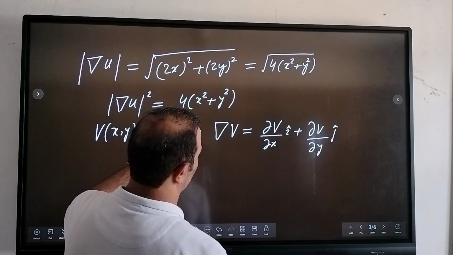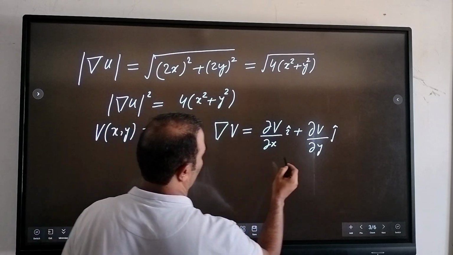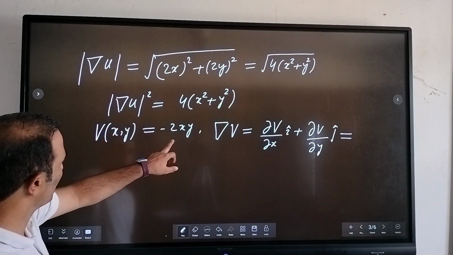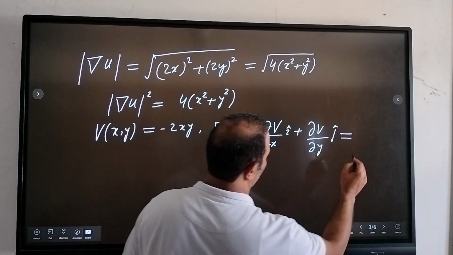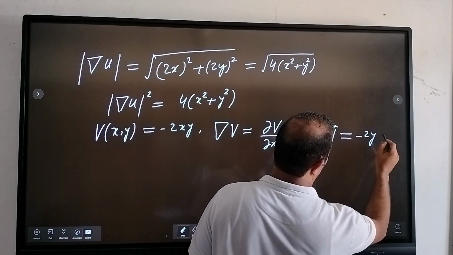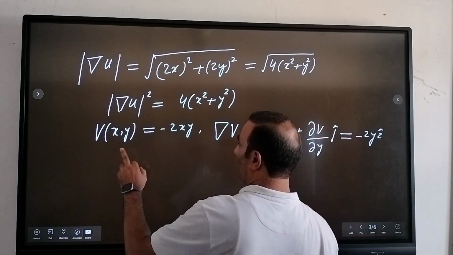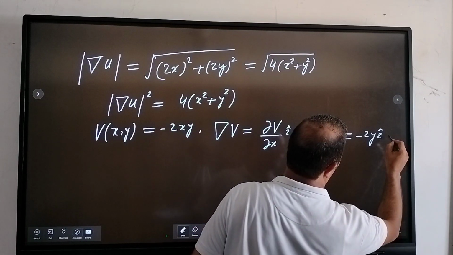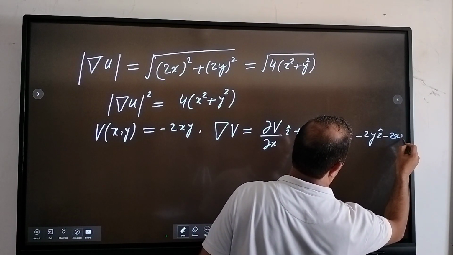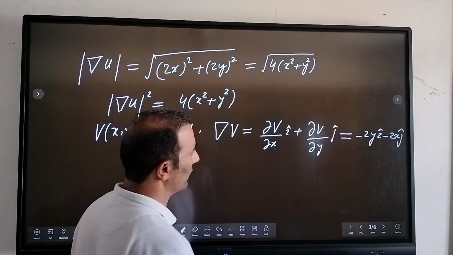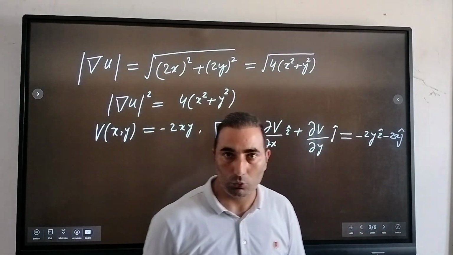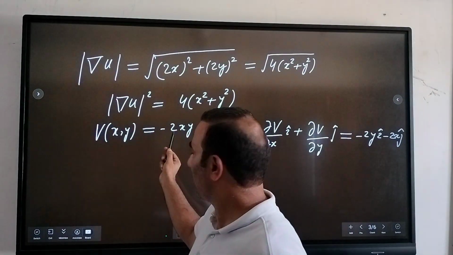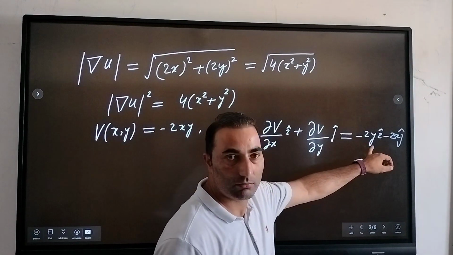Okay, so this will be equal to: when you take the partial differentiation with respect to x, this will be 2y, that is minus 2y i cap, so that's our first term.